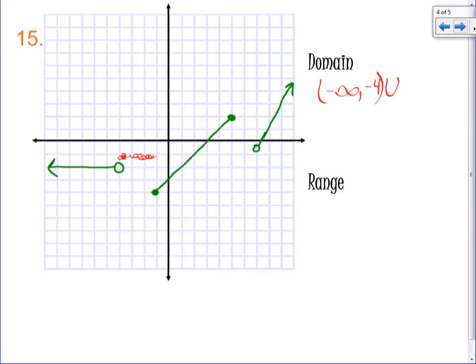So we don't have anything there. That's why that capital U is over there. So it picks up again at -1 with a square bracket, and it goes all the way to, what is that? I think that's 5. And then there's another gap that goes from here to here, picks up again at 7 and goes to infinity. So you're looking where the graph is drawn.